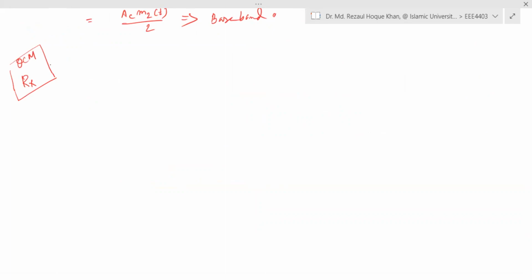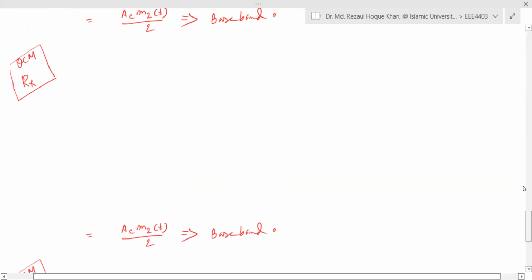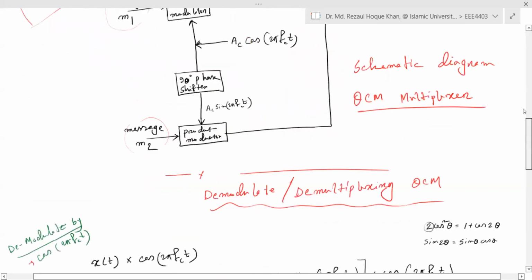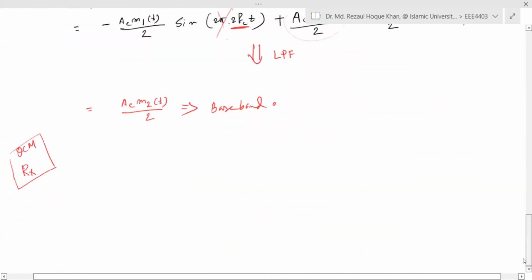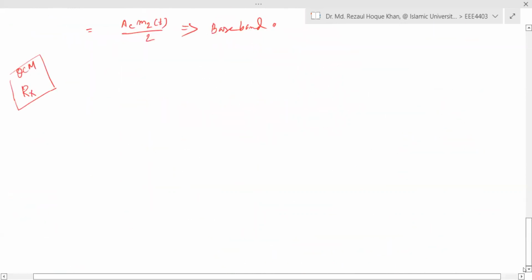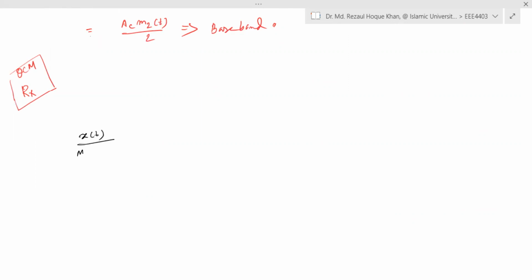Previously we multiplexed this signal x(t). Let us receive this x(t), which is nothing but the multiplexed signal.